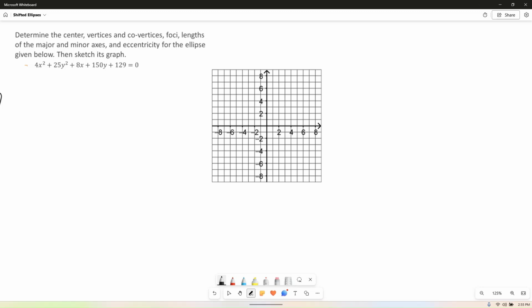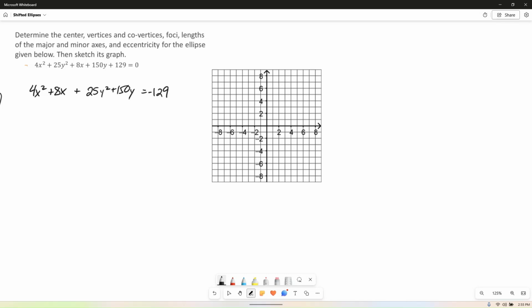To complete the square, let's group the x terms, group the y terms, and move any constant terms to the other side of the equation. So I'm going to have 4x squared plus 8x, plus 25y squared plus 150y, and that's going to equal negative 129.